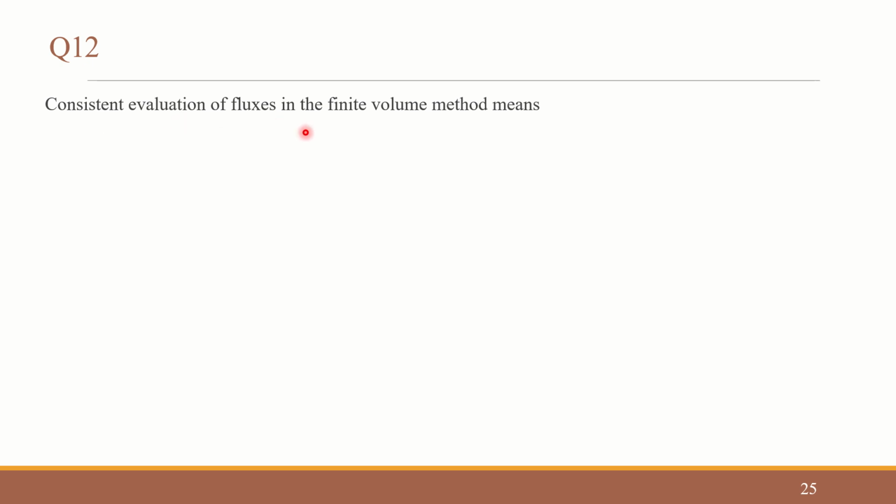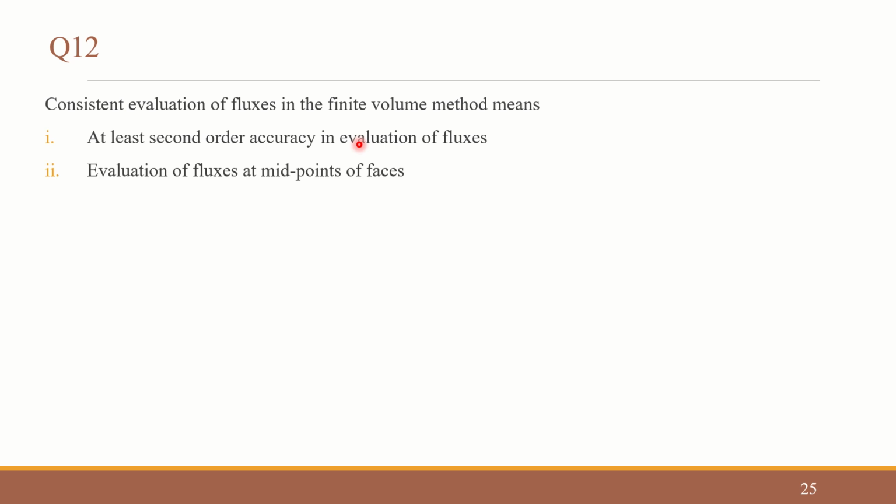Consistent evaluation of fluxes in the finite volume method means dash. Option 1, at least second order accuracy in evaluation of fluxes. Second one, evaluation of fluxes at midpoint of faces. Okay, we have only two statements.